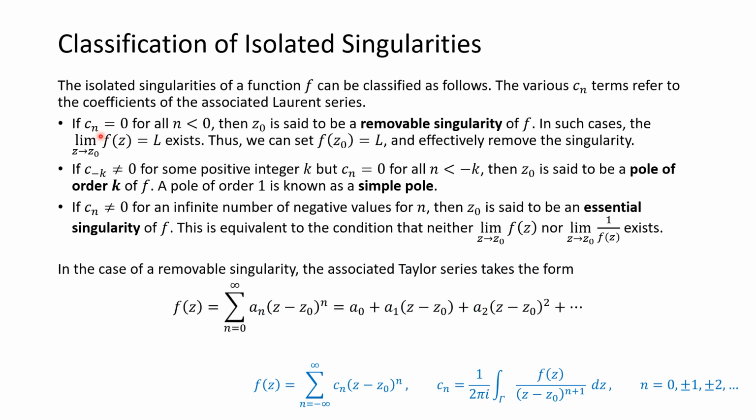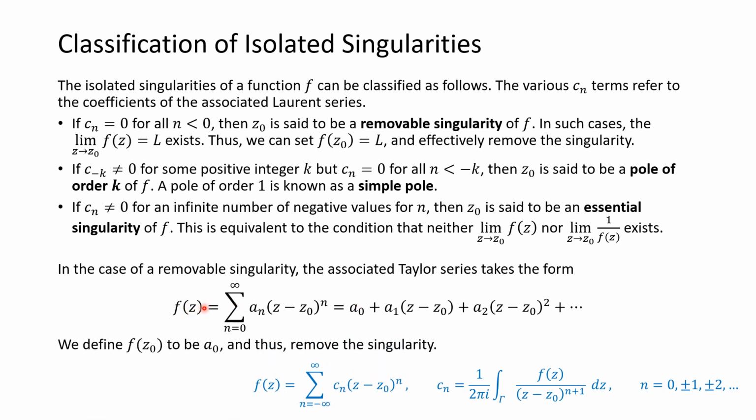If the c sub n equals 0 for all negative indices, then we have what's called a removable singularity, and the Laurent expansion just becomes a Taylor series. It looks like this, and our a sub 0 can be used to define the function at f of z sub 0.